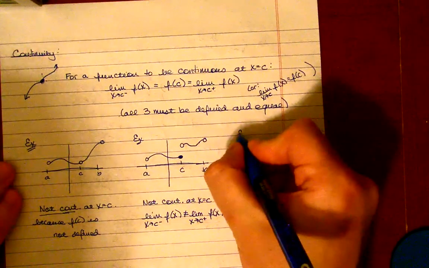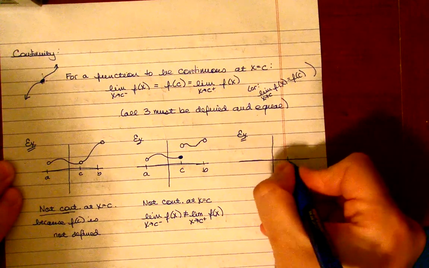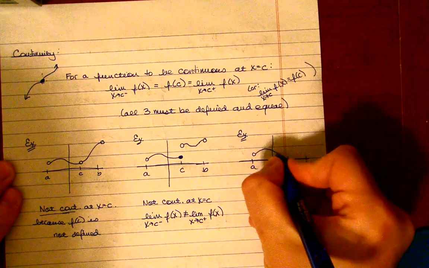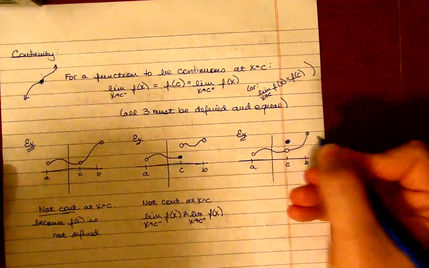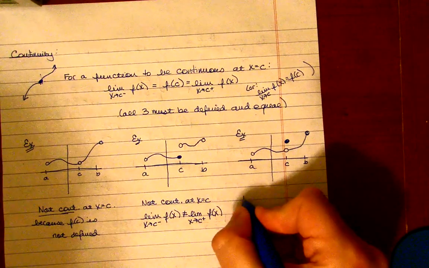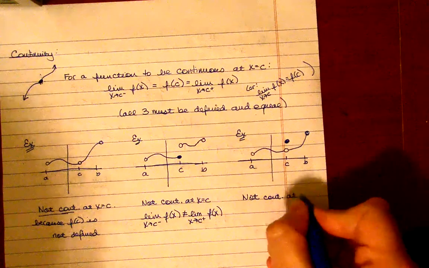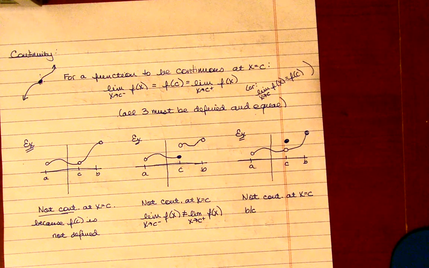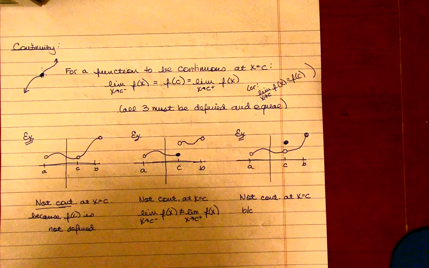Let's take a look at one more. I am not continuous at x equals c because the limit from the left does equal the limit from the right. f of c is defined.